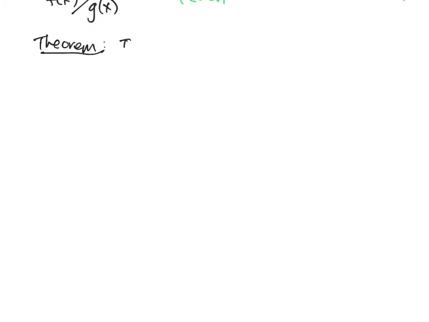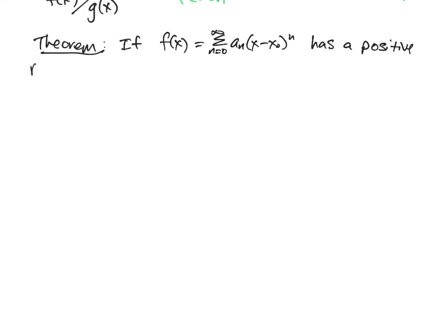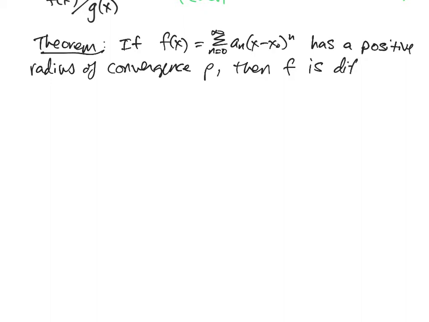So here's our theorem. If our series f of x equals same old power series, and if it has a positive radius of convergence, rho, then f, the function, is differentiable for any x in the radius of convergence.